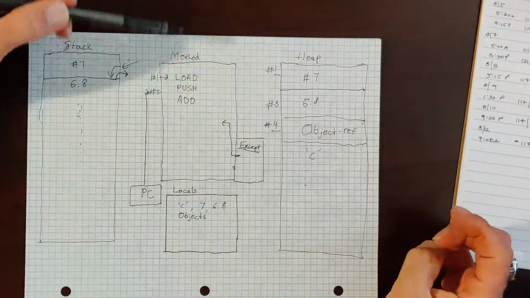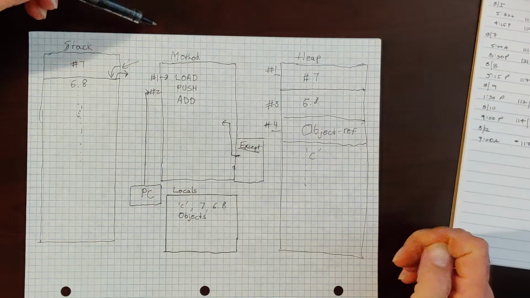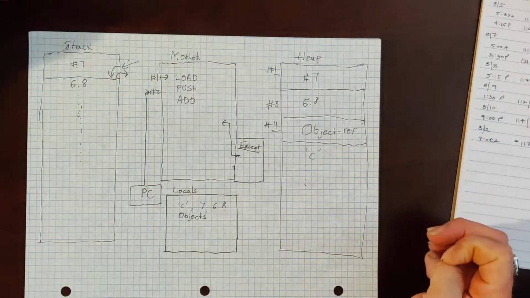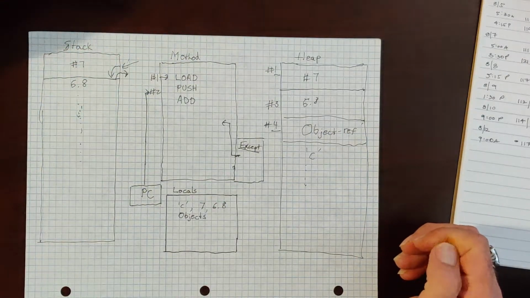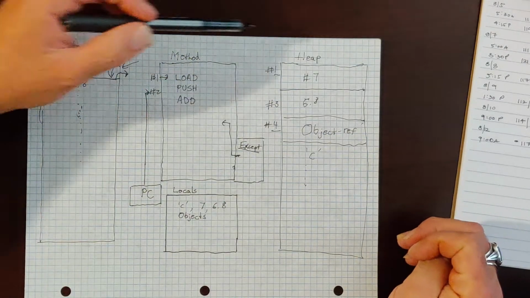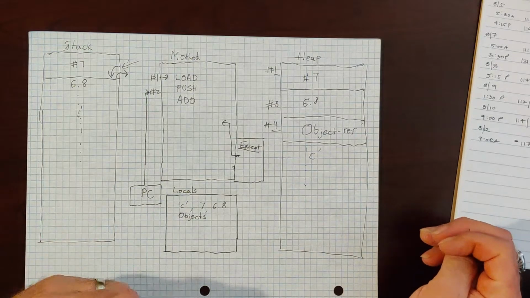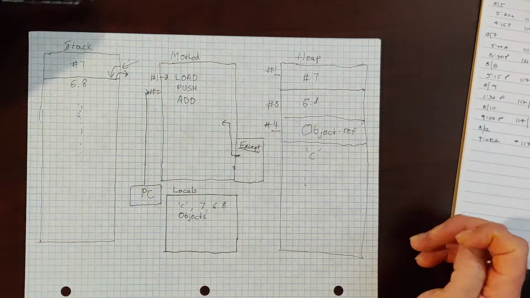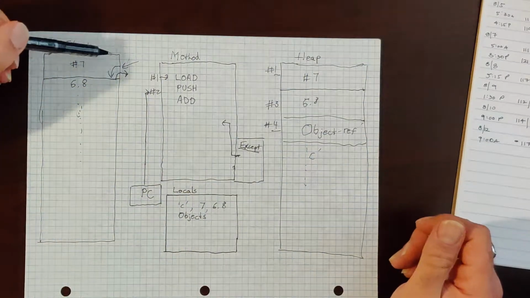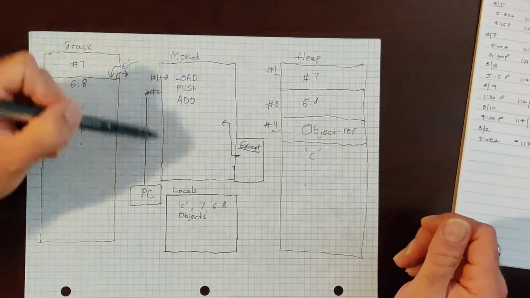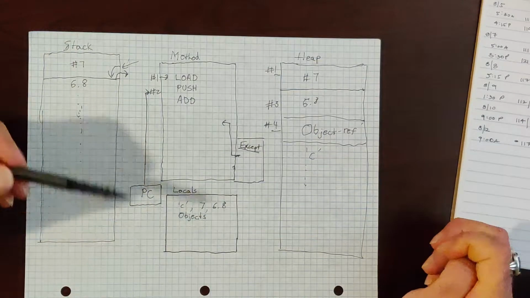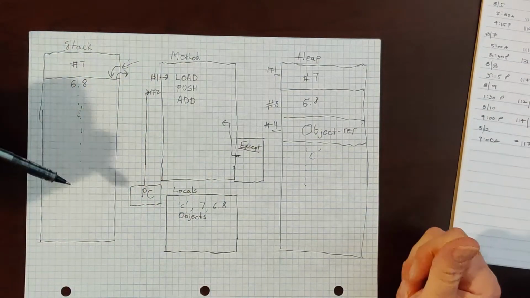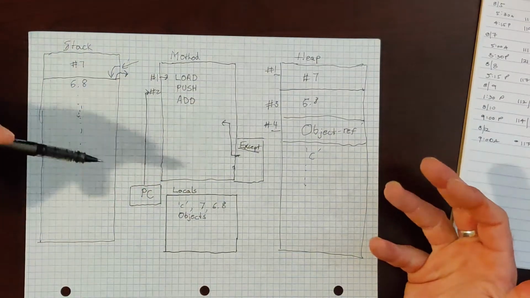So next what we're going to do is we're going to switch over to the computer and we're going to start building this machine. And the way I'd like to structure it is as a JavaScript application. And what we'll do is we'll have a panel for each of these areas on the page so that we can see what's going on inside.